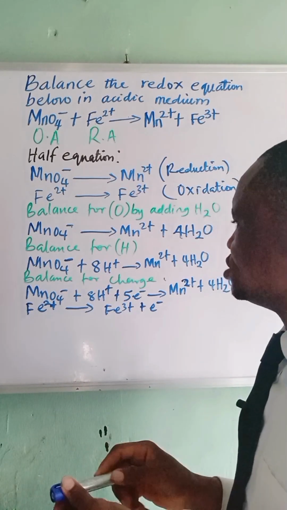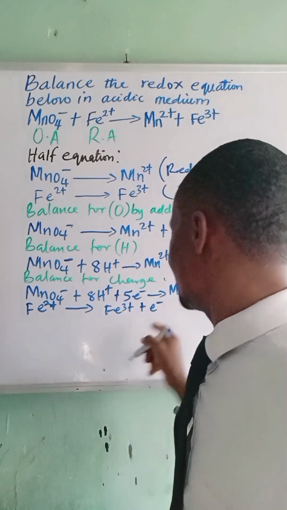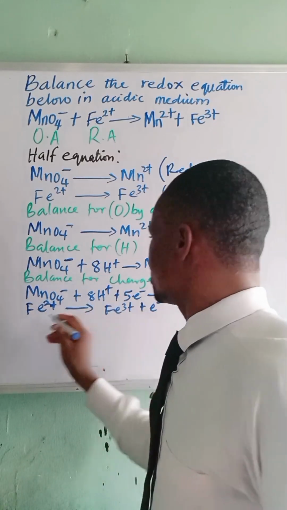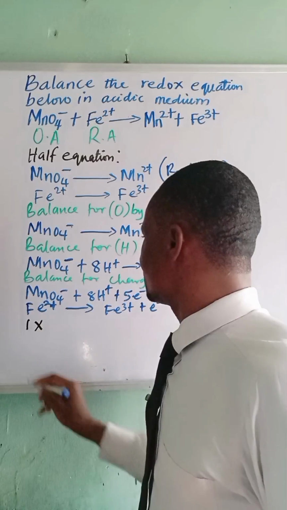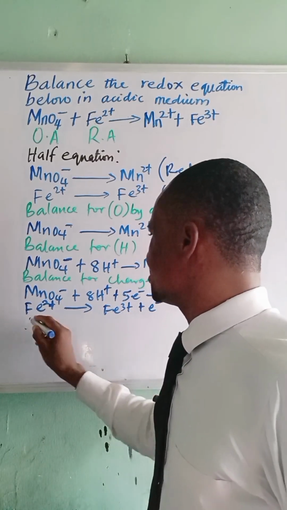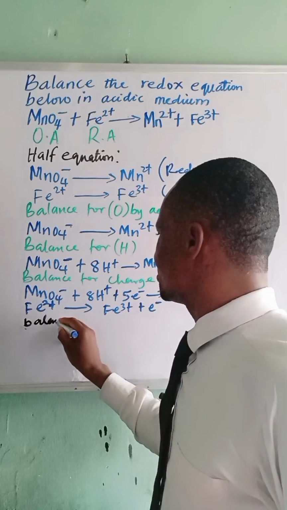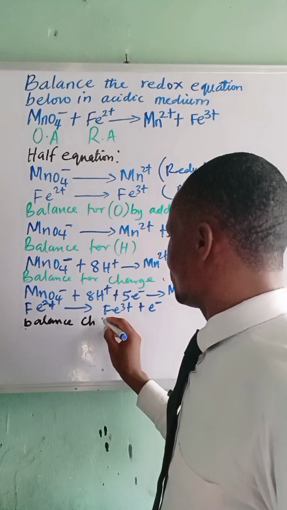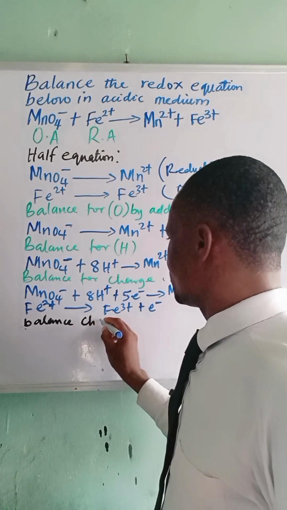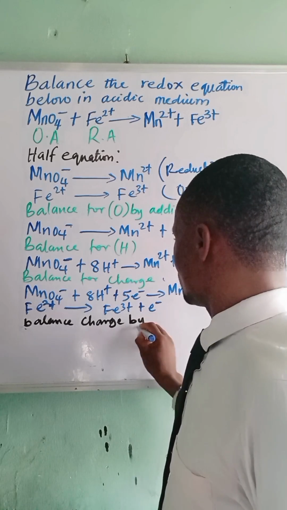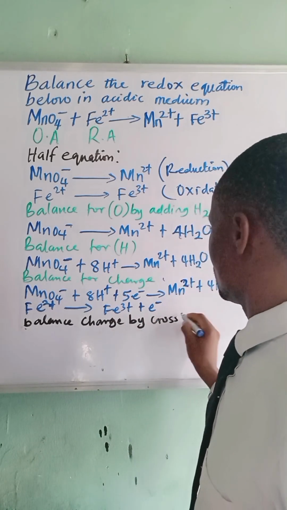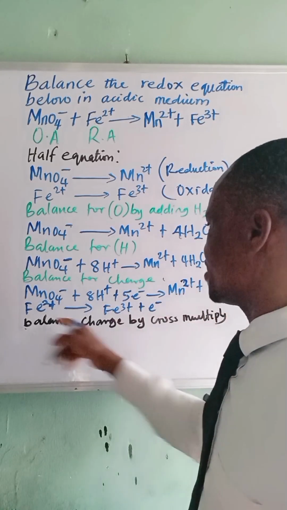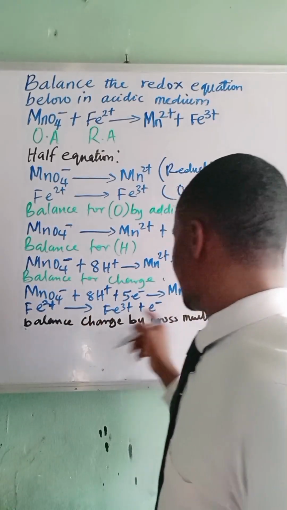Then the next thing we need to do is to balance the charge by cross multiplying the charge, so that you understand what we are doing.